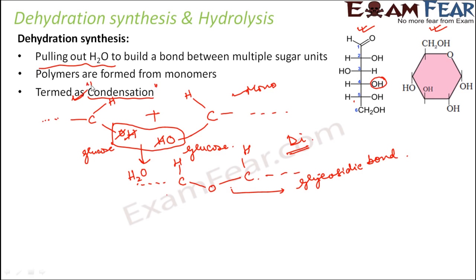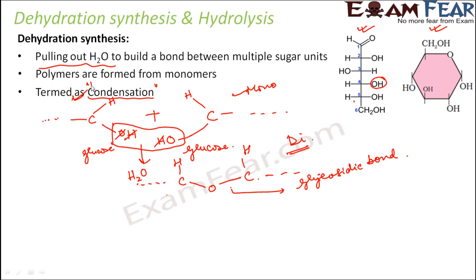Please understand this process properly, because throughout this lesson, wherever you see that polymers are getting formed from monomers. Now you understand what are monomers. Monomers are always the simplest form of a biomolecule. For example, when we talk about carbohydrates, monosaccharides are the monomers. Oligosaccharides, polysaccharides, they are all polymers.